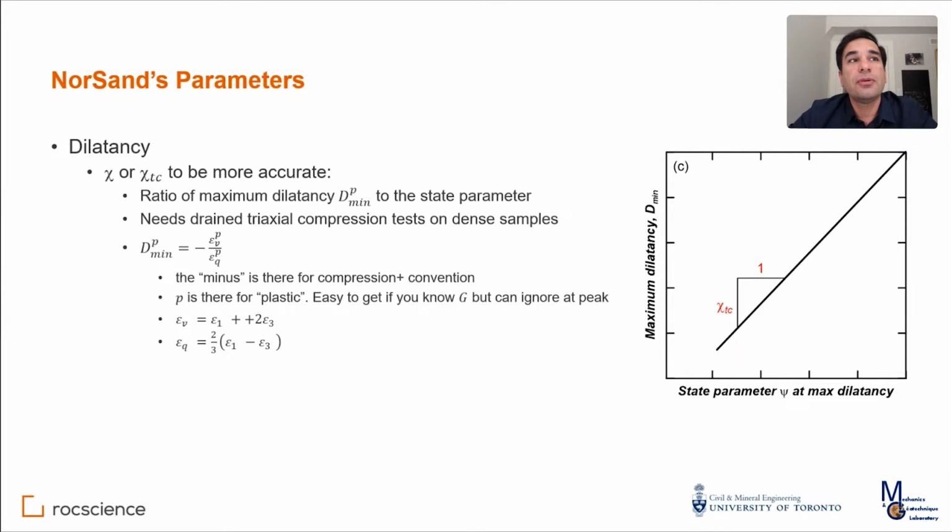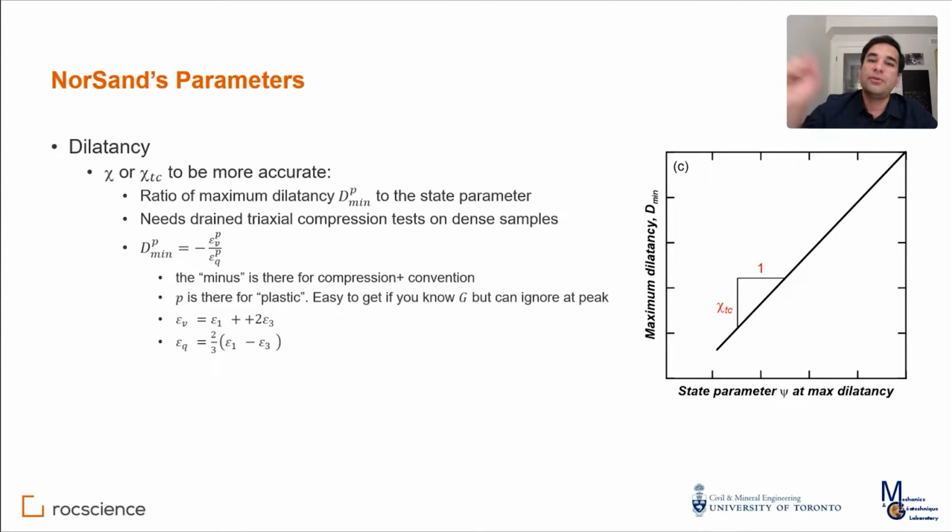And you calculate basically the ratio of increments of your volumetric strain to your deviator strain. It has to be the plastic component, though it doesn't really affect things much once you're near the peak, which is where you should be looking at this. So you find your maximum dilatancy and plot it against the state parameter at that point. That's basically when your dense specimen gets to peak strength.